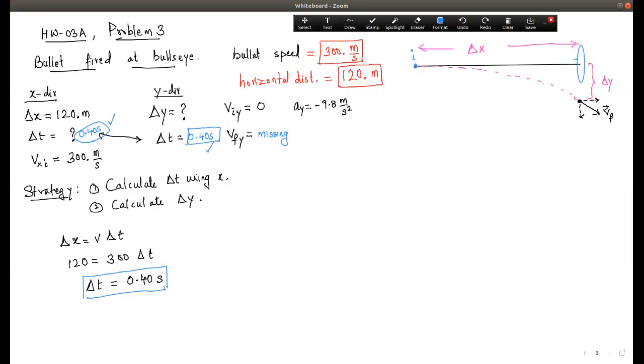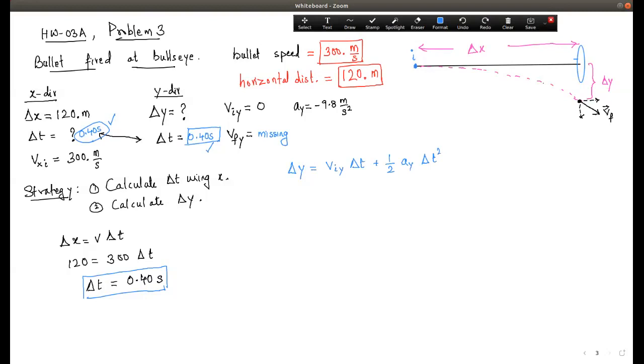What's the equation we will use since v final is missing? It is delta y is equal to v initial in the y direction times delta t plus half ay delta t squared. Same equation that appeared in the last problem.